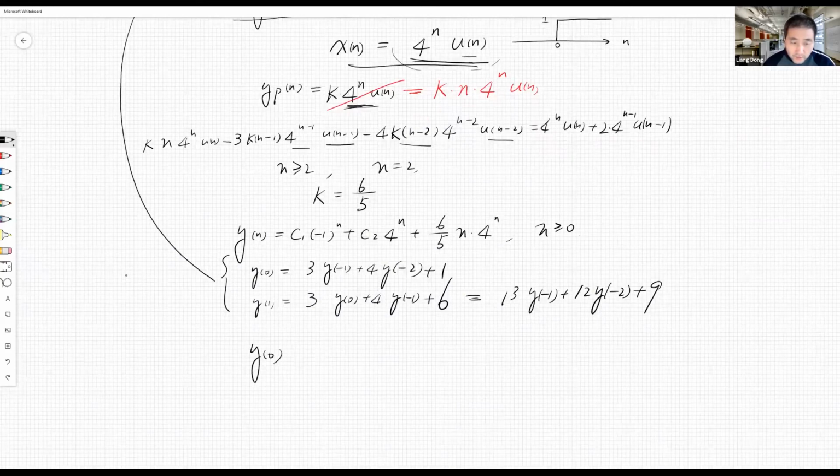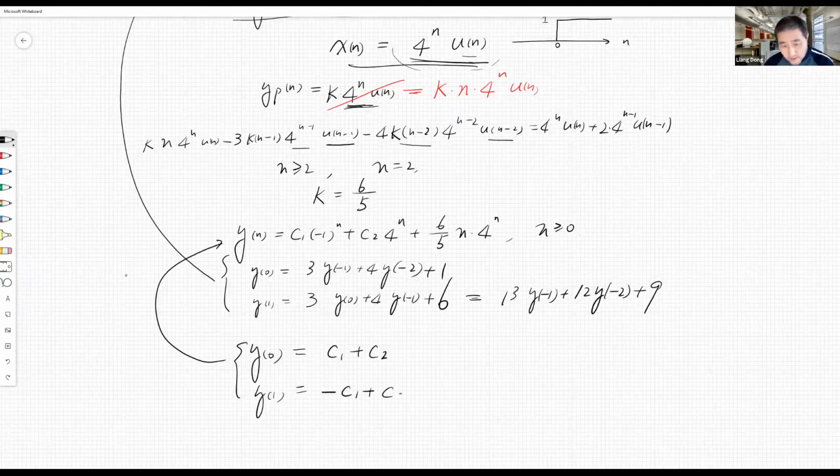And I also have the equation that can come from my solution here. So y0 is c1. When n equals 0, that's c1 plus c2. n equals 0, so the third term goes away. y1 is negative c1 plus c2, and adding 24, 6 times 4, over 5.